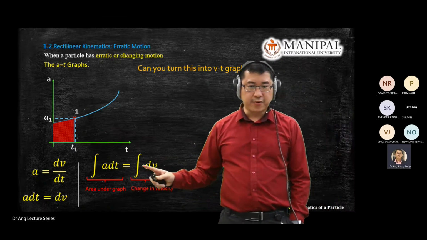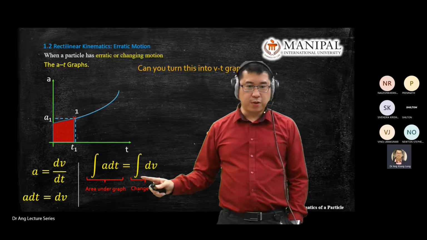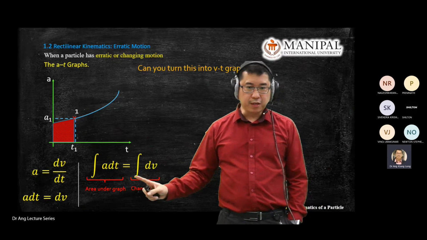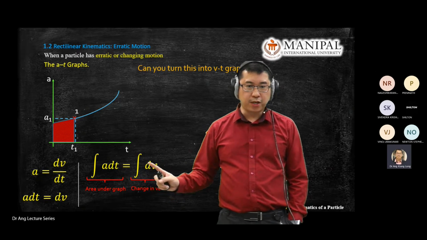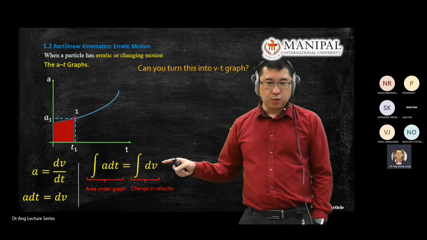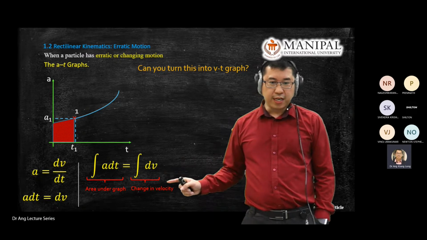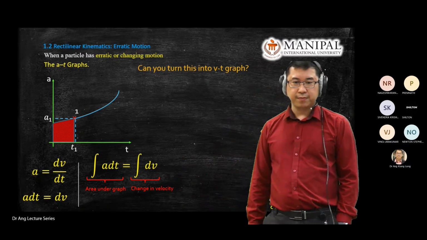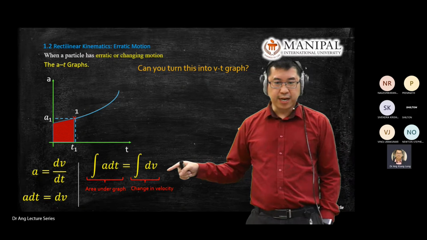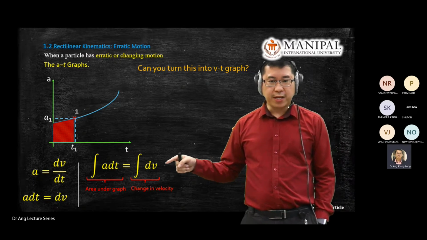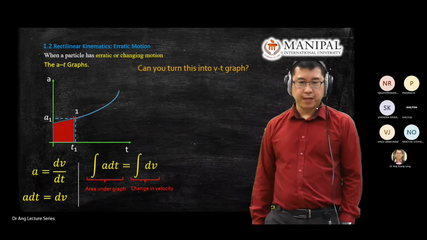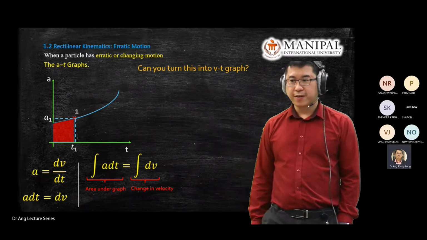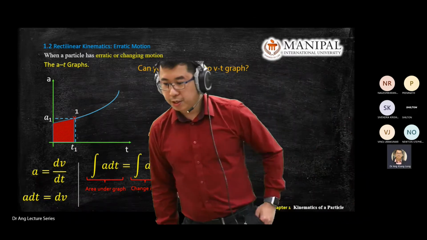You integrate from the lower limit to the upper limit, from initial velocity at point 1 to velocity at point 2. So when you do it, then you get a change of velocity. So this is back to the fundamental integration principle. Up to this stage, any question?